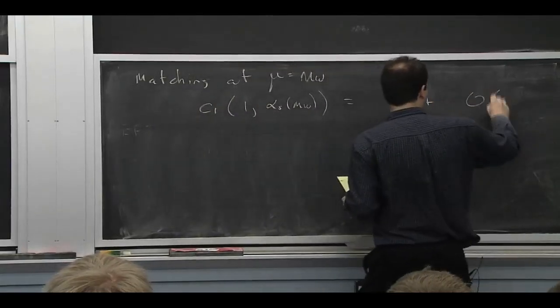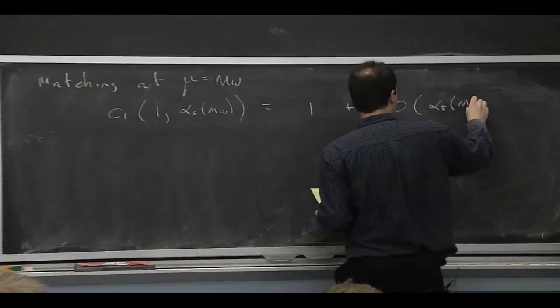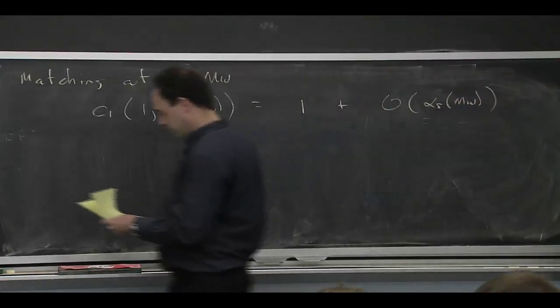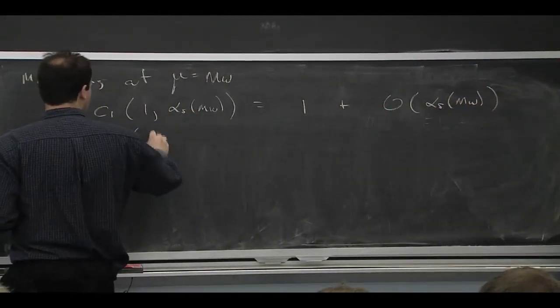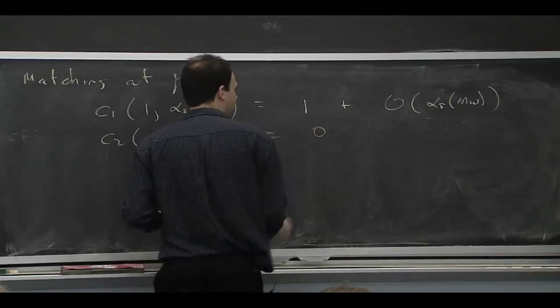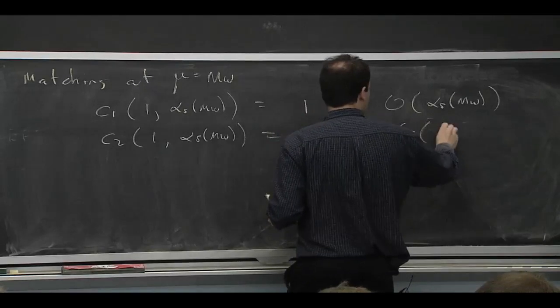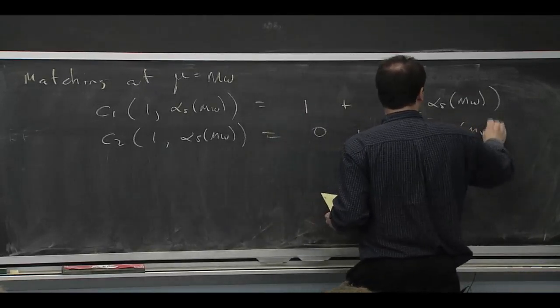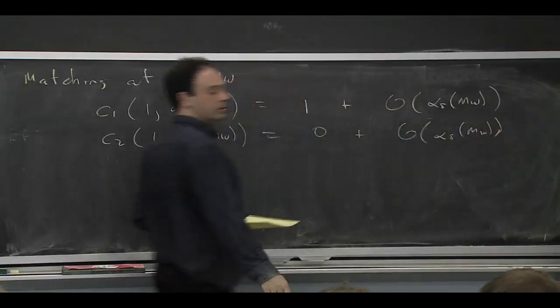And then corrections to that would be suppressed, no large logs, just by alpha. And C2 of 1, alpha of mw is 0 plus something of this order. So that's what we've determined by doing our tree-level matching.